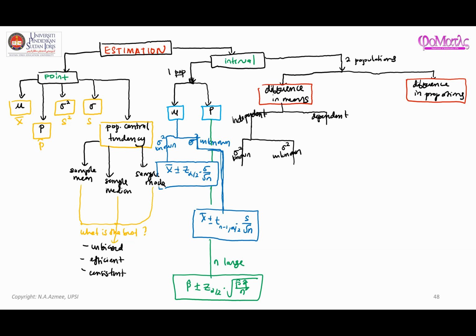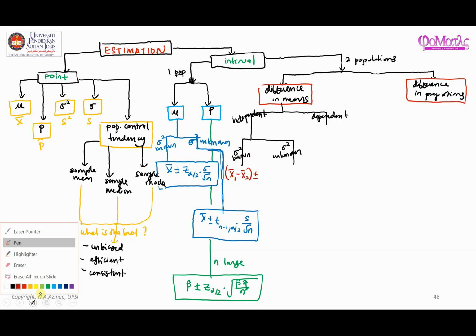In the case of variance known, therefore the formula for the confidence interval is going to be x bar 1 minus x bar 2. So variance is known, which means we are going to resort to the standard normal distribution table.